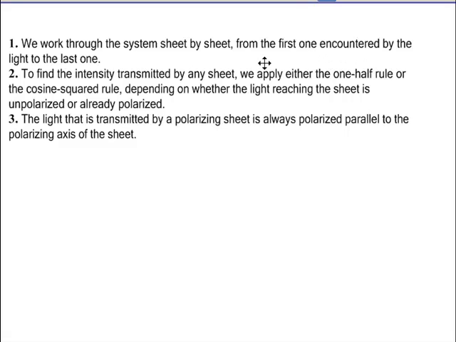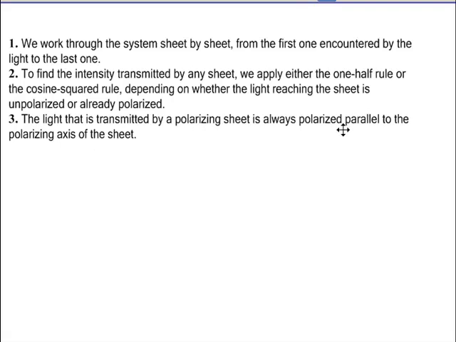Then when we get done with the first one, we treat whatever has come out of the first one as what goes into the second one. So at each different film, we find the intensity transmitted by any sheet, either by applying the 1/2 rule if it's unpolarized light going through a polarizer, or the cosine squared rule if the light reaching the sheet is polarized.